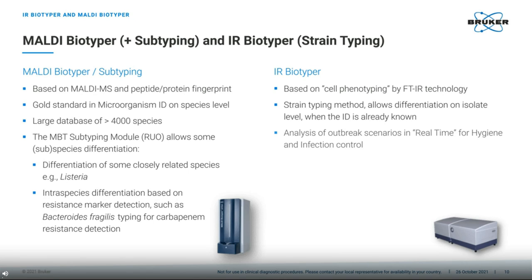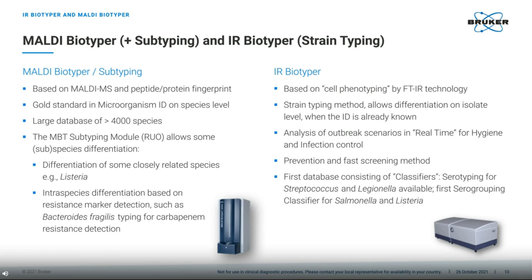It can be used for analysis of outbreaks in real time, for hygiene and infection control, for prevention and fast screening. It also comes with first databases of so-called classifiers, which I will explain a little bit later. This can be used for serotyping and serogrouping, for instance for Streptococcus and Legionella. And there are first O serogrouping classifiers for Salmonella and also for Listeria.